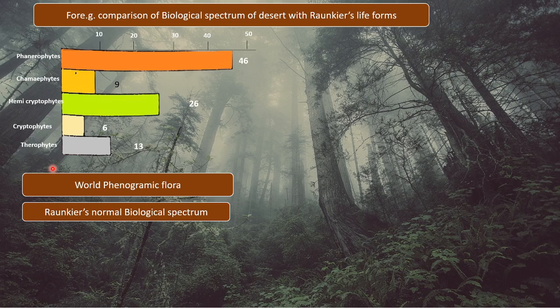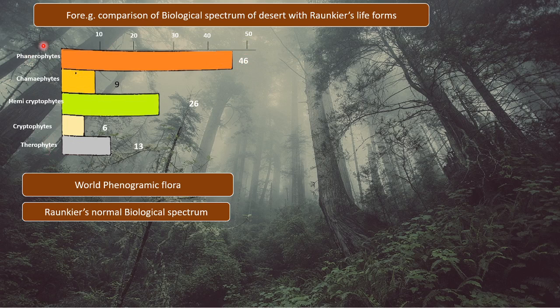He did a very detailed study about the flora of the world, right, about all the plants present in the world, and he divided the flora present in the world into these 5 classes. So what he did, he actually found that in the world the percentage value of phanerophytes is 46 percent, right?